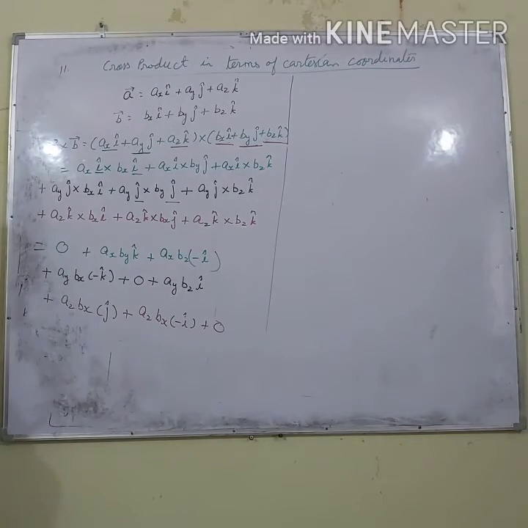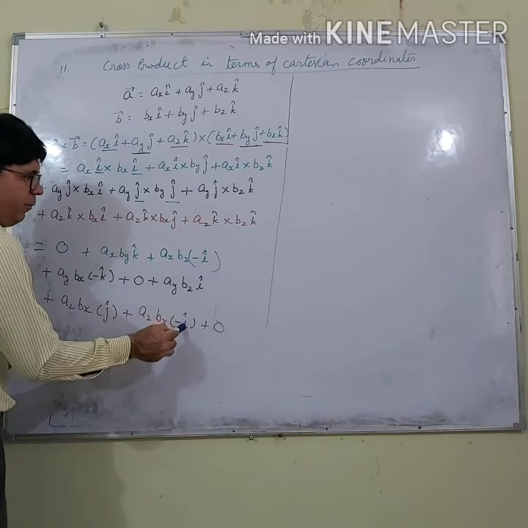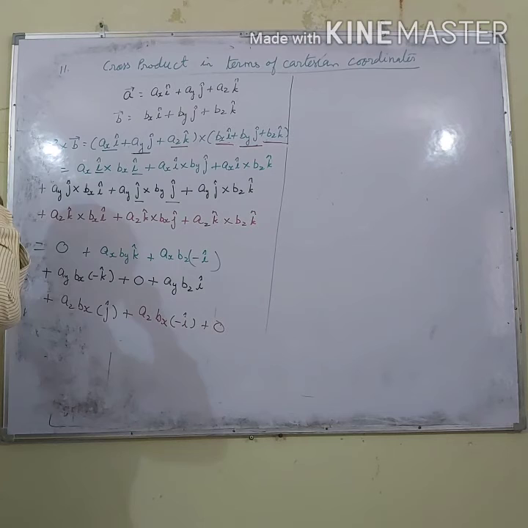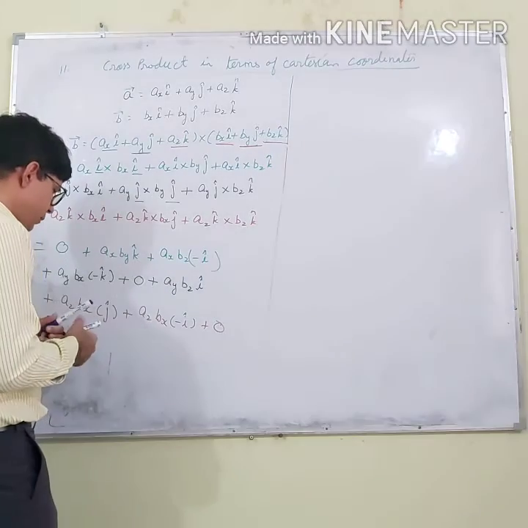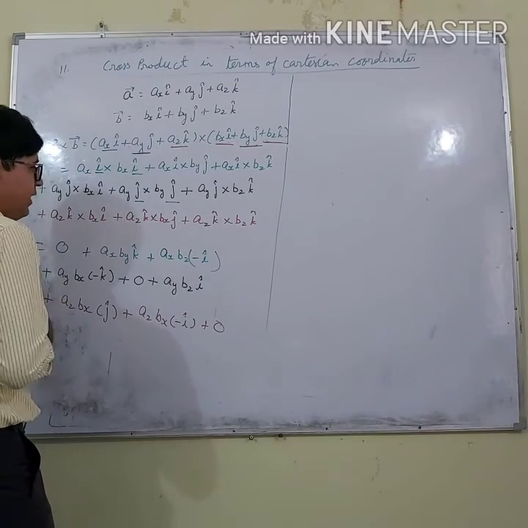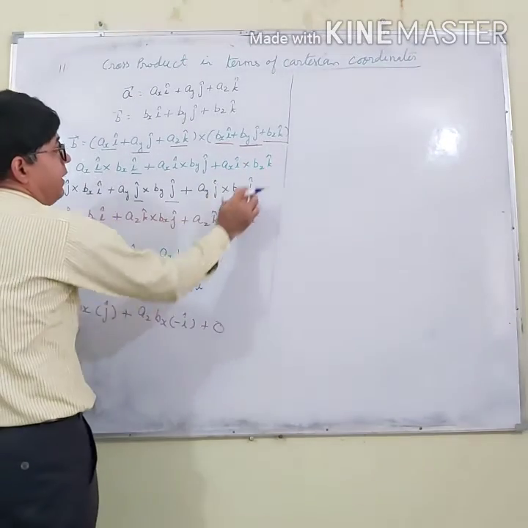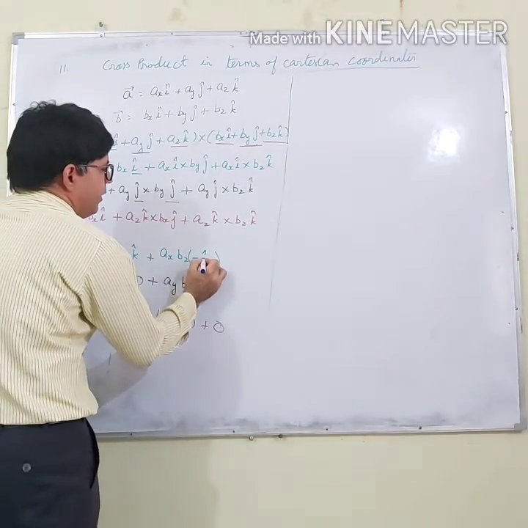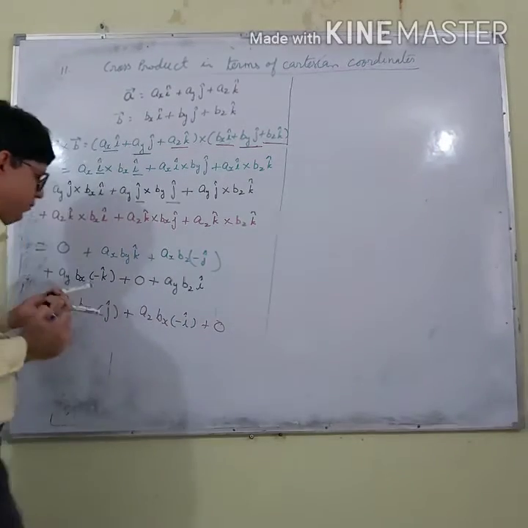Now what do you do? We are having two terms of i cap, two terms of j cap, and two terms of k cap. Here it is A_x B_z, and here it will be minus j cap, because here it is i cross k, j is missing, so it is minus j cap.